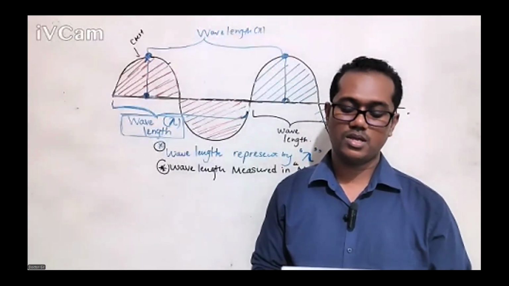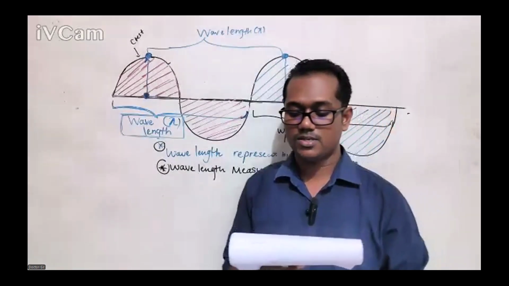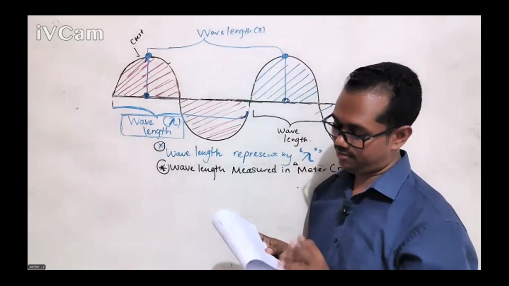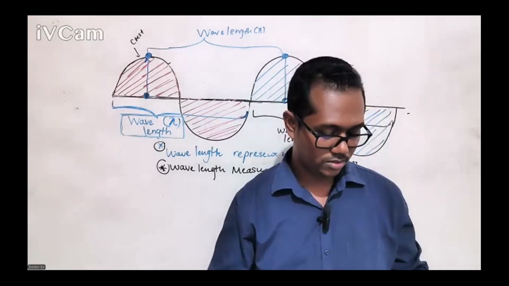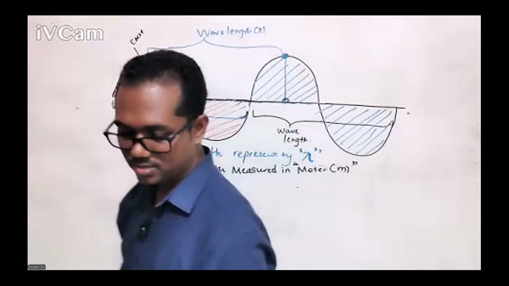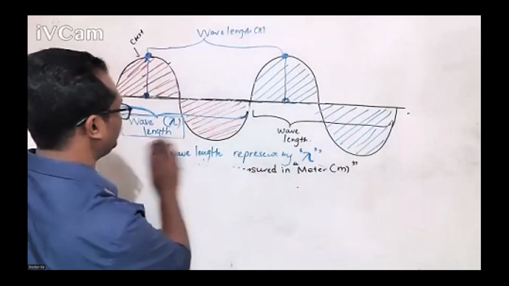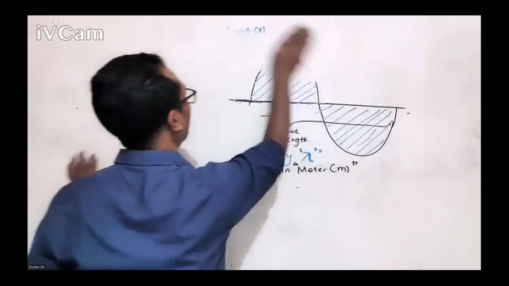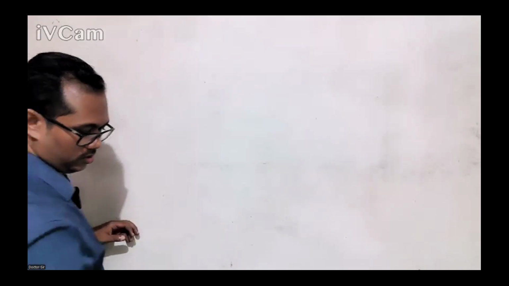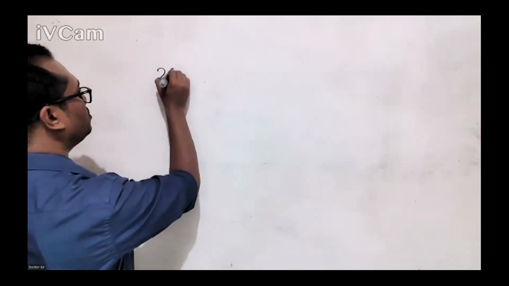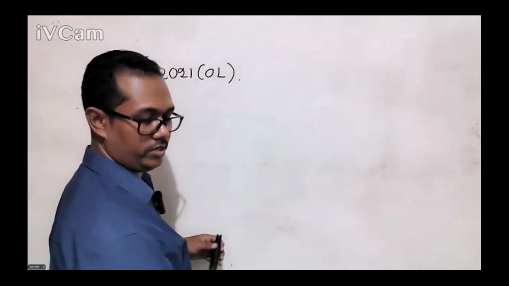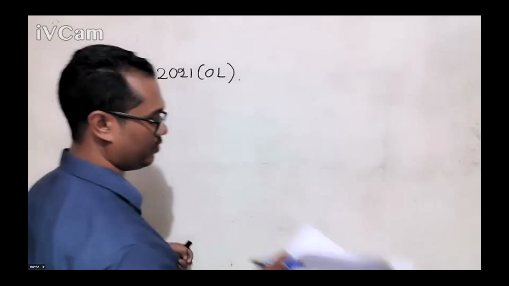The situation of the transverse wave traveling on the surface of the water at a certain moment is shown in this figure. I will draw the figure here, so you can read the question and put the answer into the chat box. Okay, 2021 O level. We'll see what figures are given here.